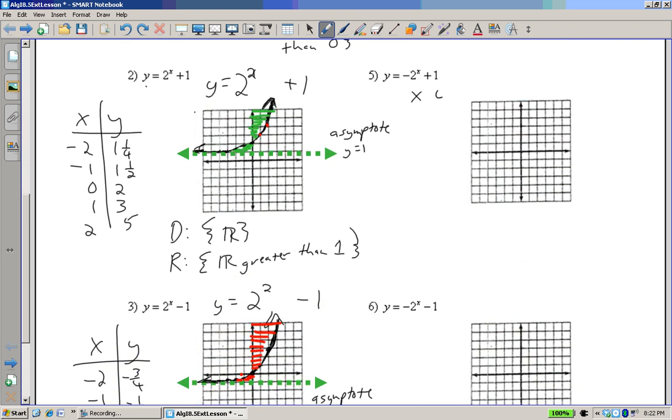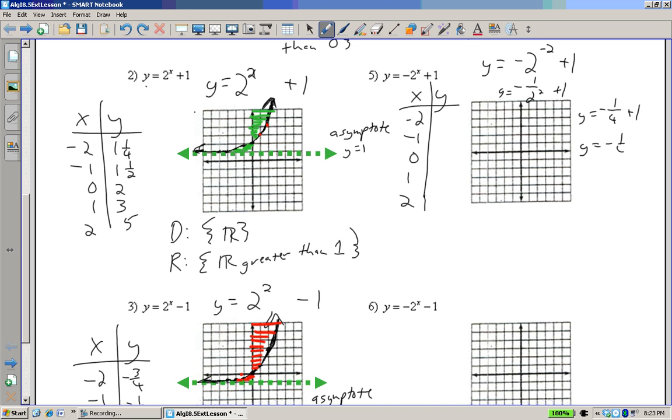All right, and x, y, negative 2, negative 1, 0, 1, and 2. Let's plug in. All right, again, be careful. This is negative 1 over 2 squared plus 1. That is negative 1, that's a 4, so negative 1/4 plus 1.